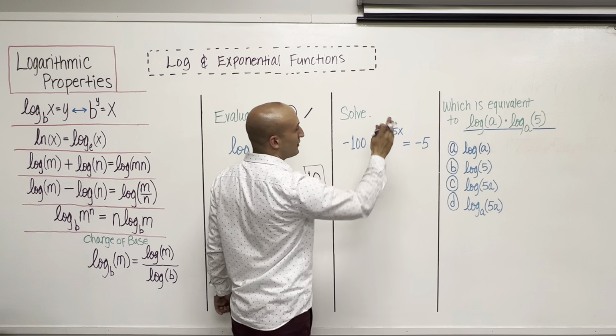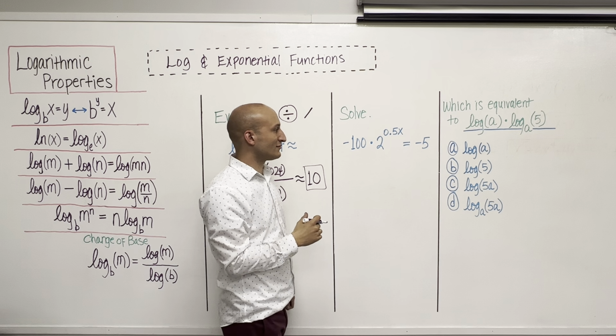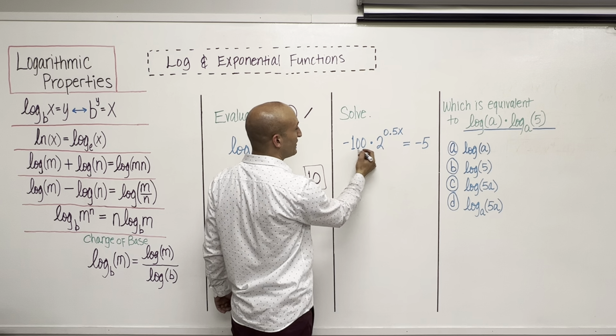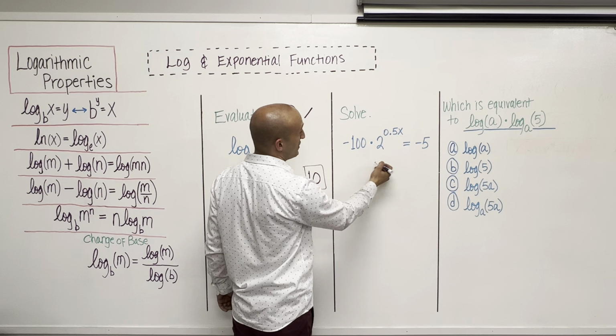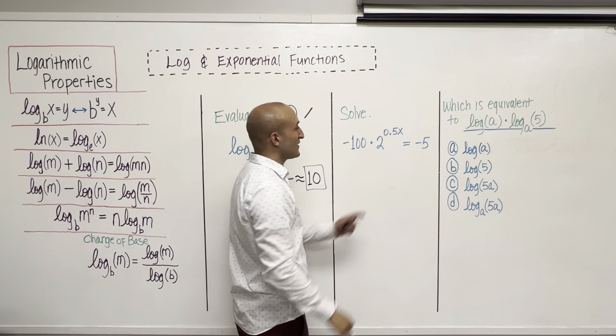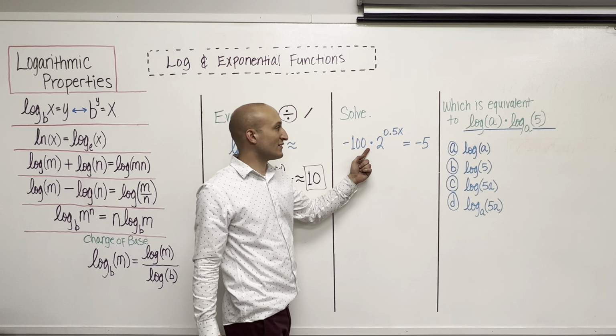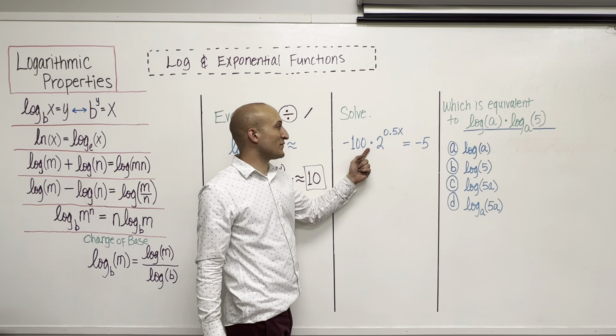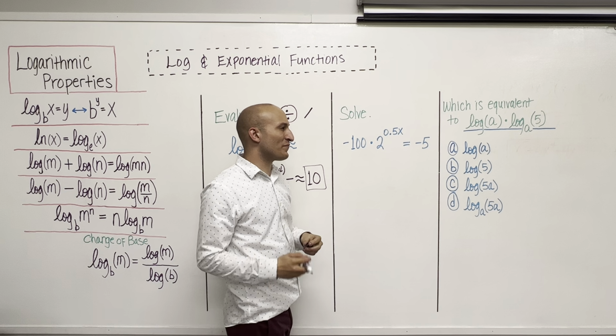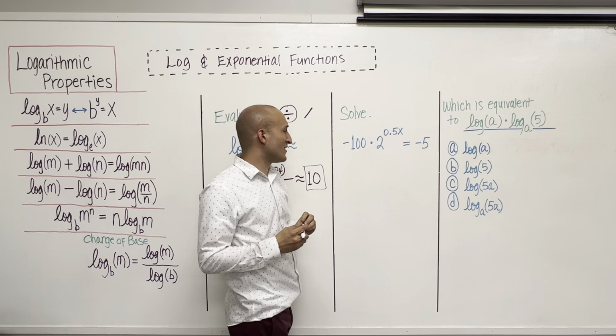The base has to be alone. And I can't just multiply these two and say negative 200, because exponents go before multiplication, okay?